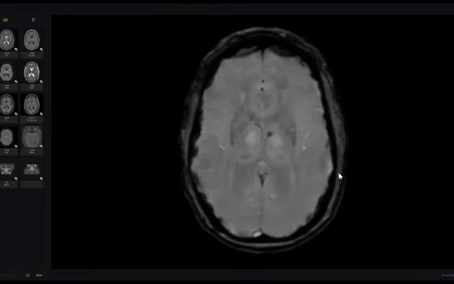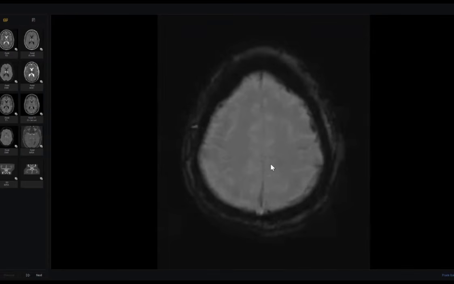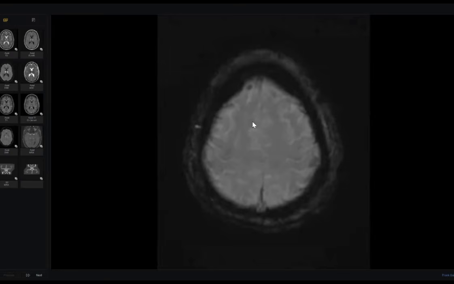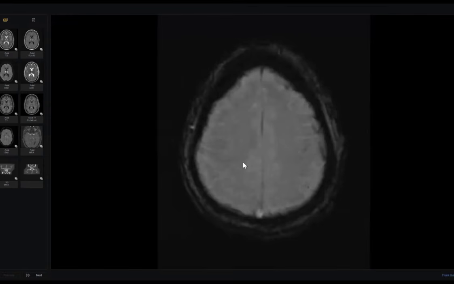But there is something else here. Look here, all of these are cortical veins. Many of them directly drain into the superior sagittal sinus. When some of them or one of them is occluded, it causes cerebral infarction.